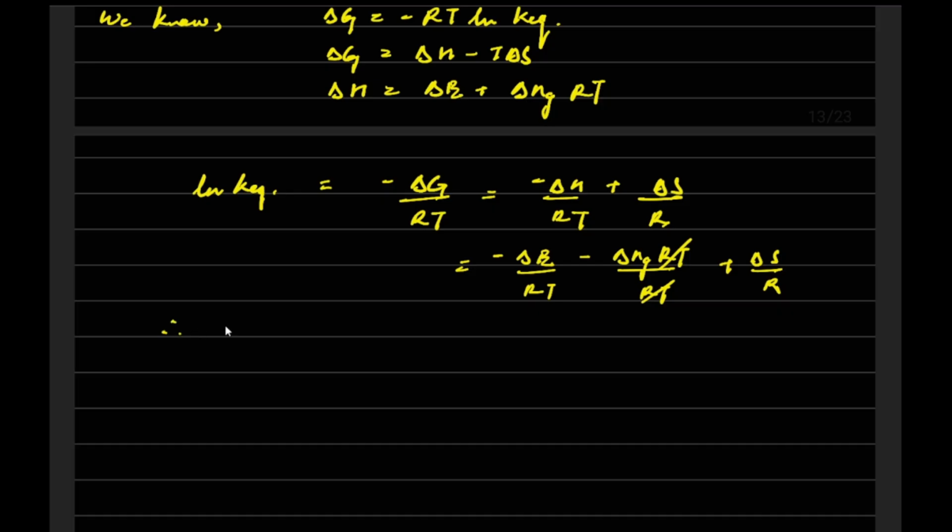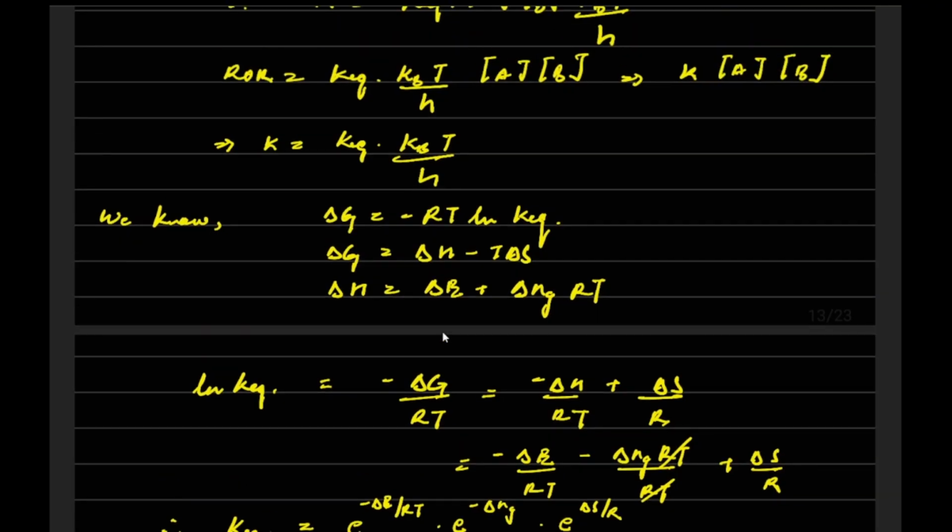Therefore K equilibrium is equal to e to the power minus delta E by RT into e to the power minus delta ng into e to the power delta S by R. Okay, so this is equal to K equilibrium.